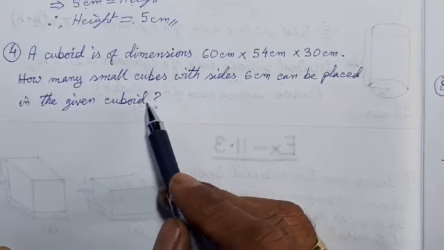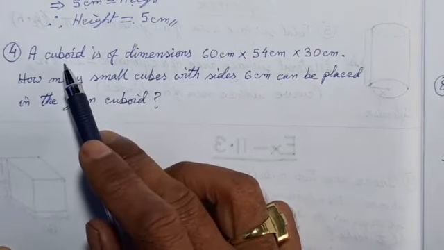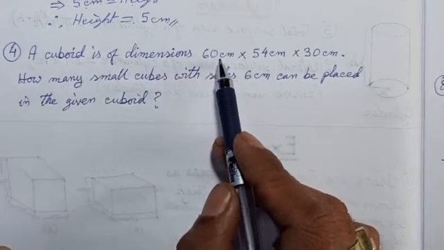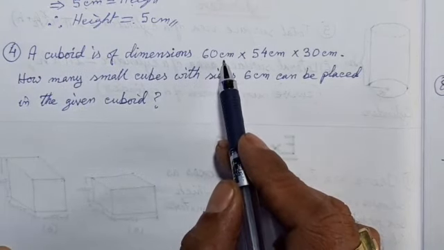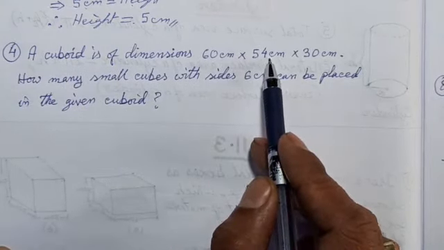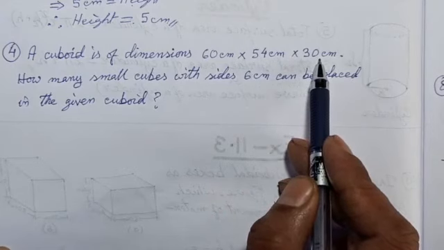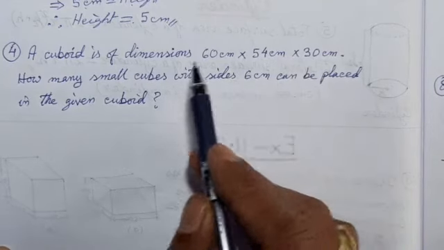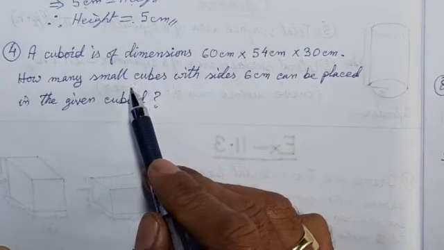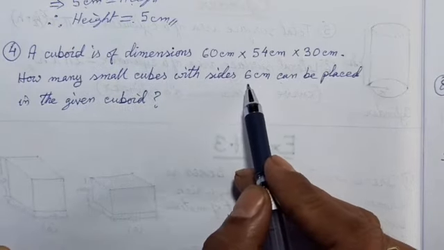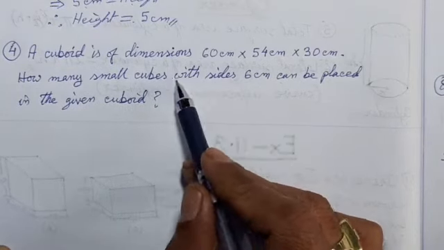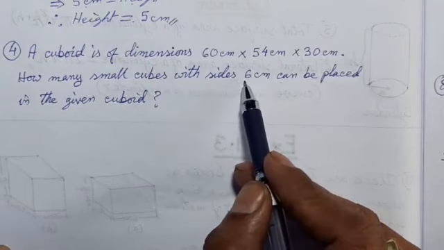Here there is a cuboid and its dimensions are: 60 centimeter is length, 54 centimeter is breadth, 30 centimeter is height. And inside this cuboid we are going to put smaller cubes, and this cube is of size 6 centimeter.